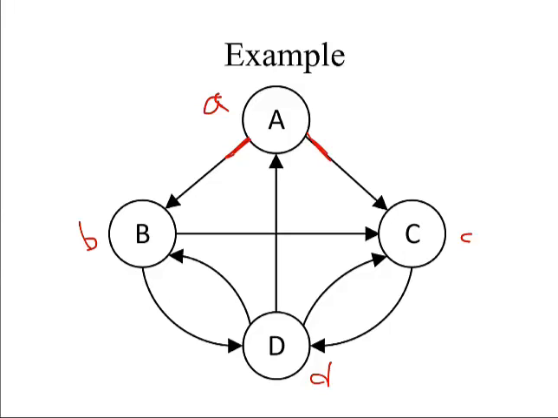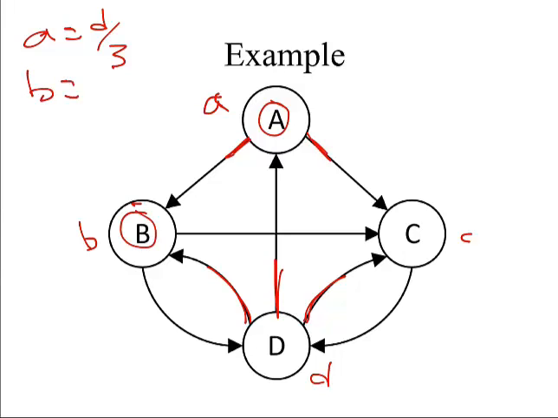And so we can go ahead and start to write these equations out. The first one, for node A: we note that D has an out degree of 3. So we say that A is equal to D over 3, because D is A's only incoming neighbor. We say that B is equal to D over 3, because it has an incoming link from D, plus A over 2, because A splits 2 ways.